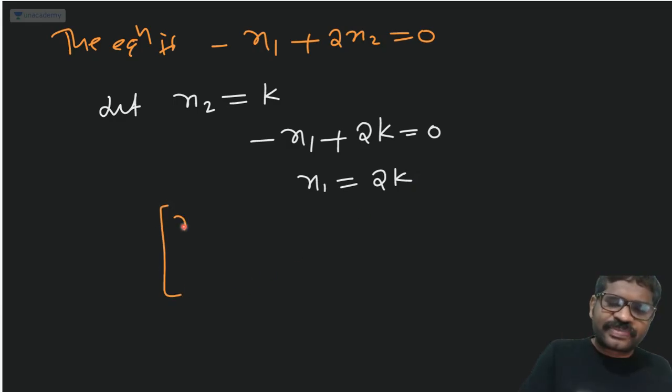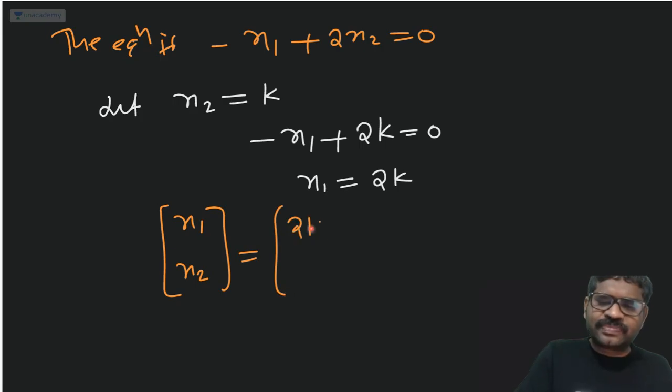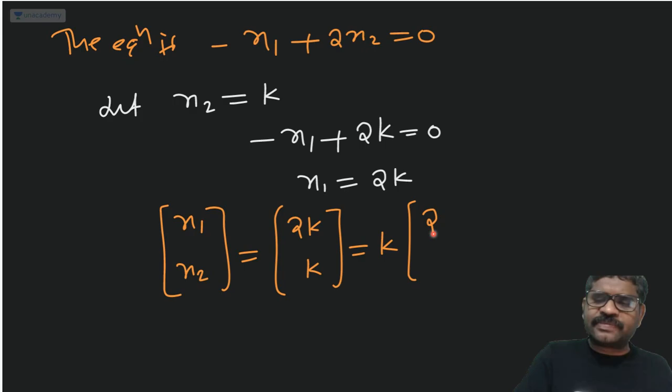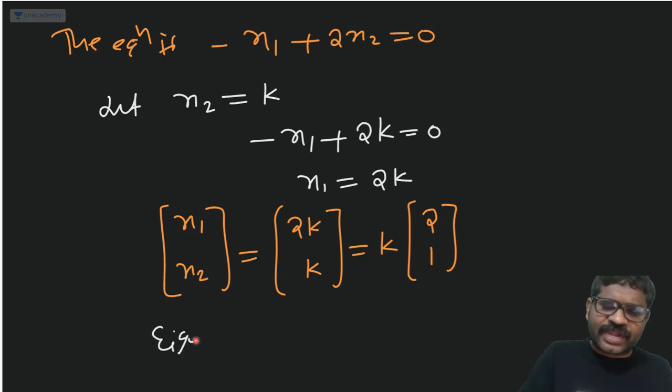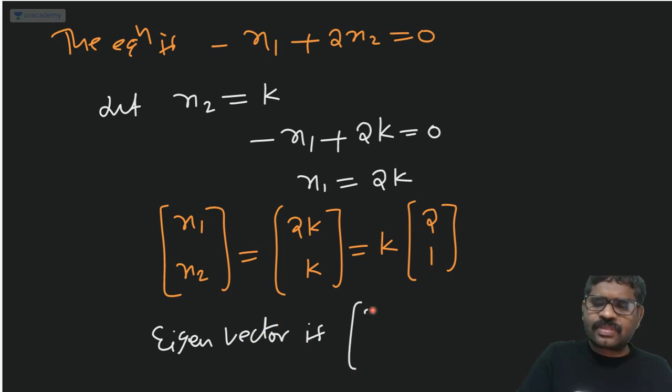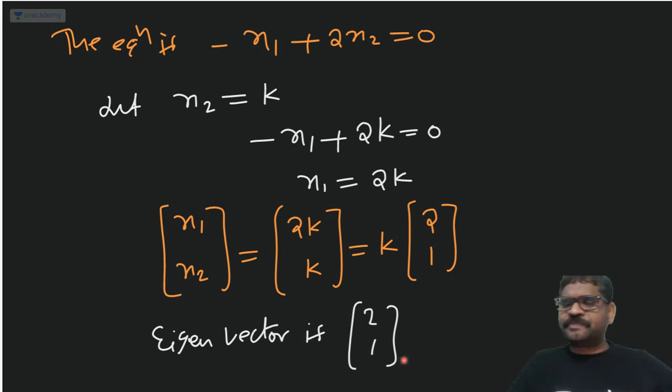Therefore, x1, x2 is 2k, k. Take k common, k times 2, 1. The eigenvector is 2, 1.